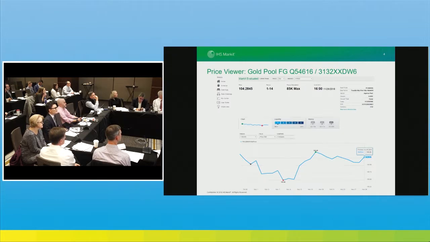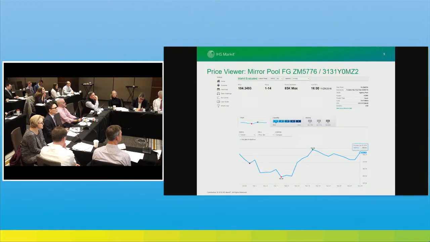All 70,000 mirror pool CUSIPs that have been released so far are available, and you can query that on our web front end. In this particular example, you'll notice that the price is slightly different than that of the previous gold example, and this is because in this environment we've benchmarked this to the existing current Fannie TBA.